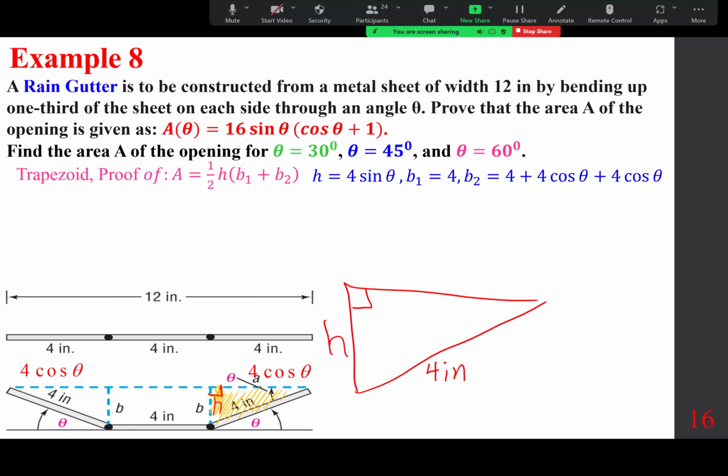This is 4 inches. And this is theta. So is this one. So sine theta is the opposite over the hypotenuse, which means h over 4 inches. So h becomes 4 times sine theta.